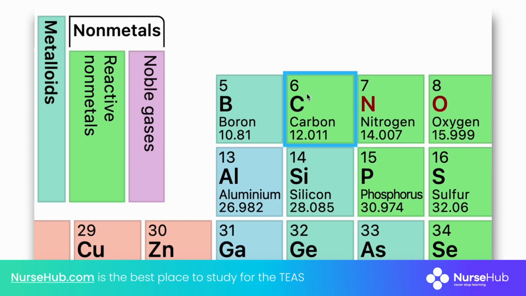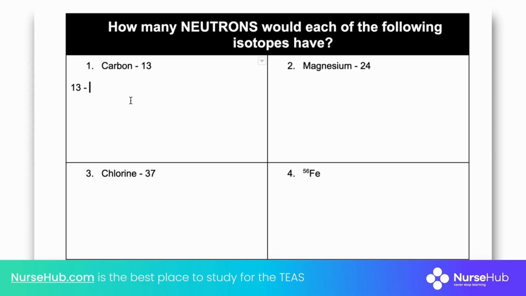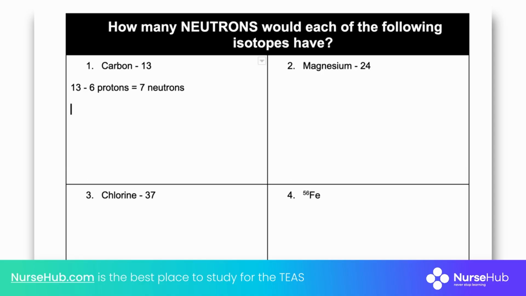Its number of protons is always 6. So I will write 6 protons. And then that equals 7 neutrons. And this makes sense because 6 protons plus 7 neutrons will add up to that mass of 13.